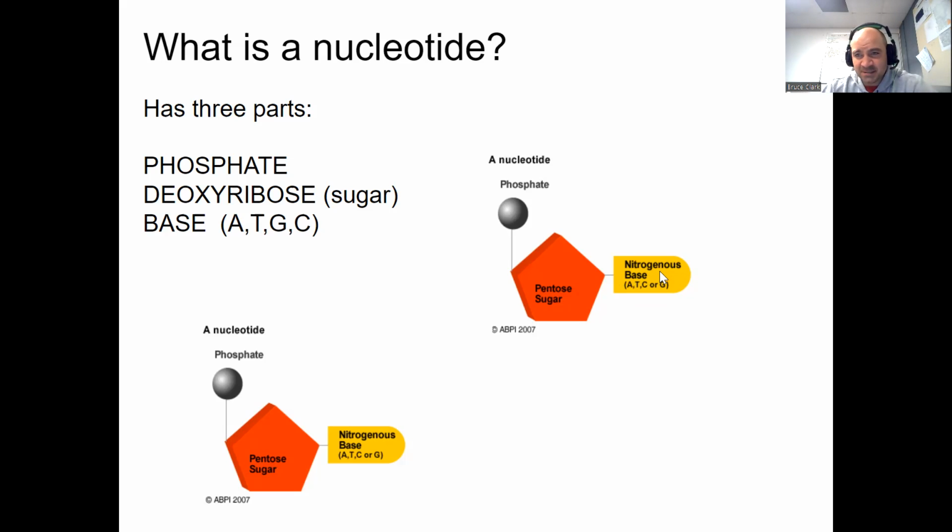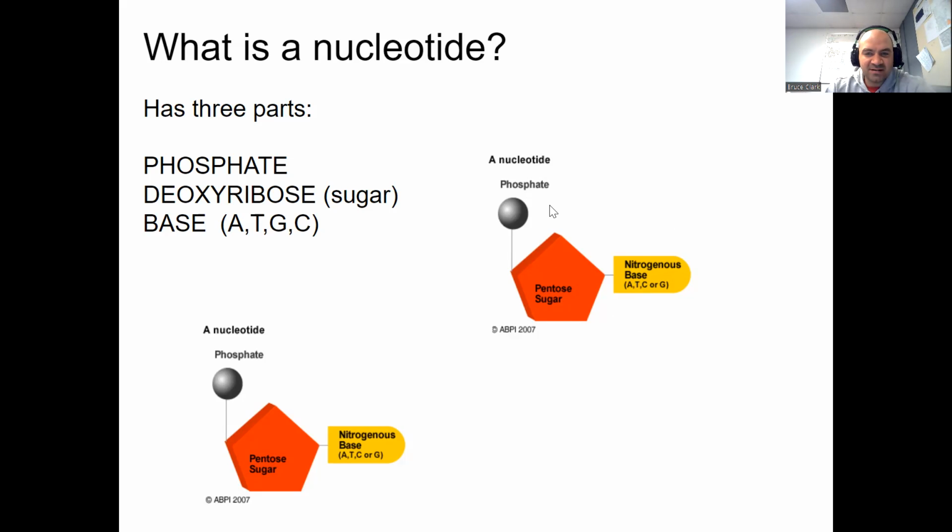So it's a base that's nitrogen based. We're going to simplify it, and the options for that base are A's, T's, G's, and C's. It's adenine, thymine, guanine, and cytosine. That'll be on the next slide. But that part is actually the pieces of code.